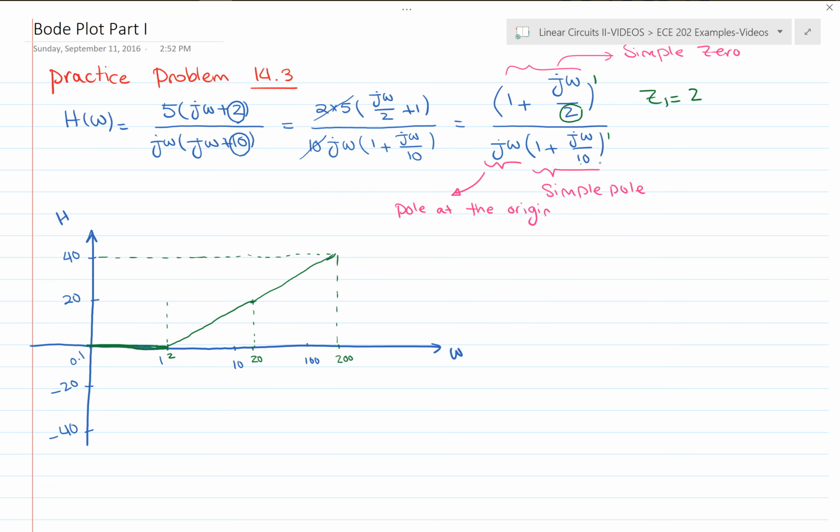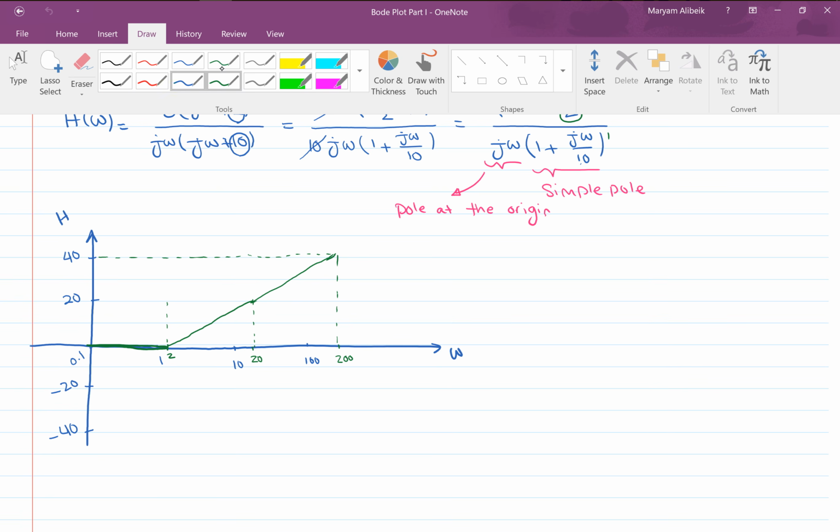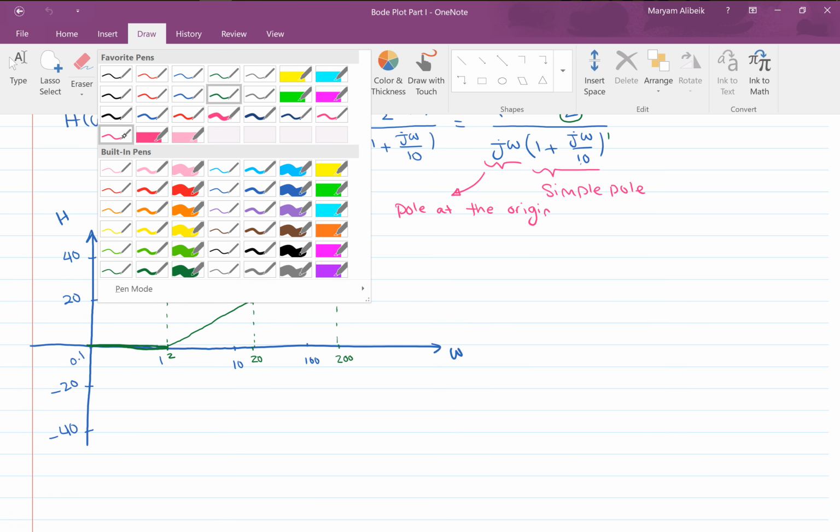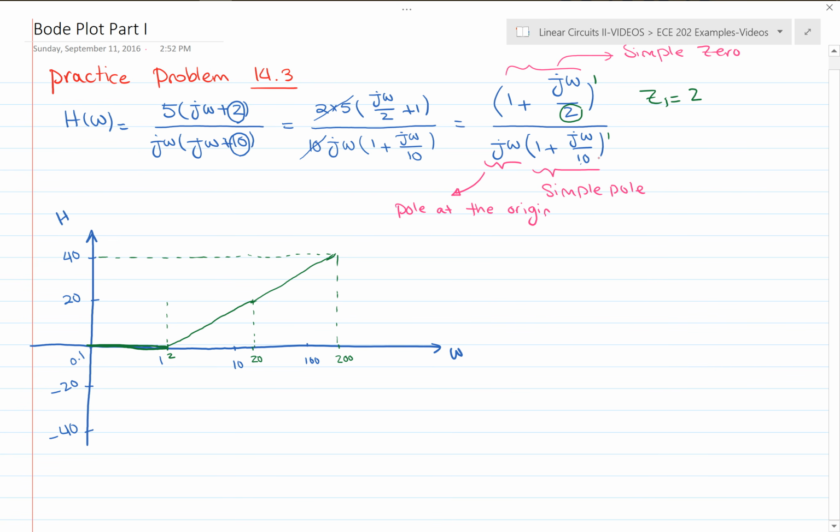Then we can go ahead and draw the simple pole or the pole at the origin. It doesn't matter. So I'm gonna draw the simple pole first. Let me change the color. What is our pole here? It is 10, right? So P1 is equal to 10. So for the simple pole in the table, which will be the fifth row, it says that the plot is equal to 0 until 10, and then it will decrease with the slope of negative 20n, and n is equal to 1, so it is negative 20.